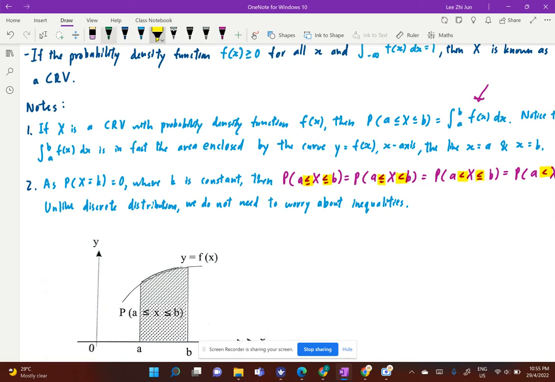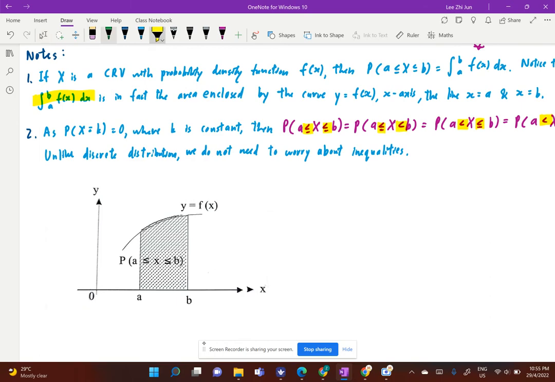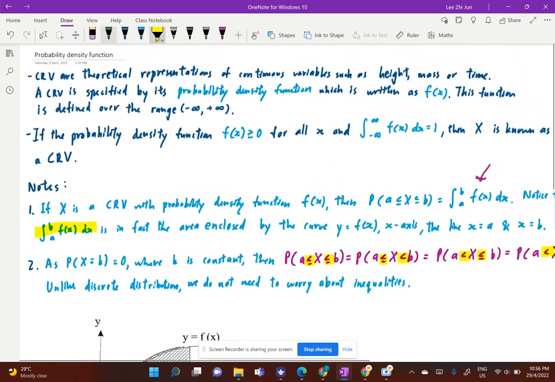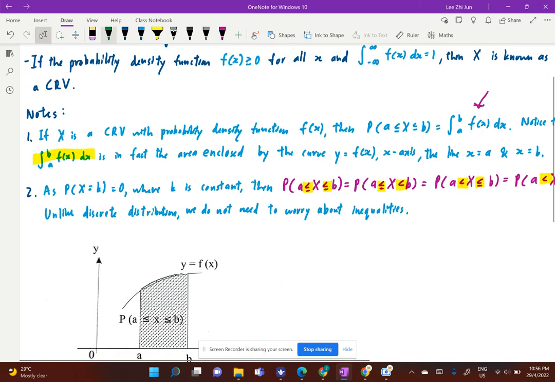You just substitute it in this form, enclosed by the area. That means if the question asks you to sketch a graph, it can be drawn in a graph like this.